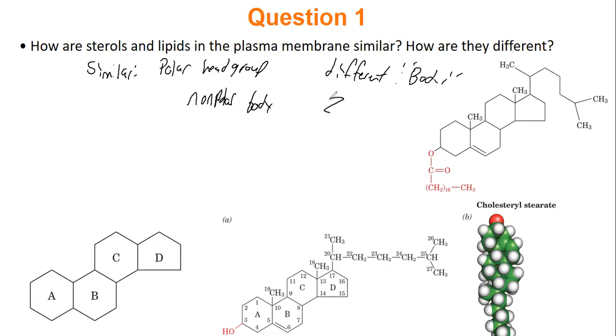Lipids have this long carbon tail. Steroids are always going to have these four rings. That's what makes a steroid: when you make the steroid, you have the six-membered, six-membered, and five-membered rings all fused together. That's what a steroid is.